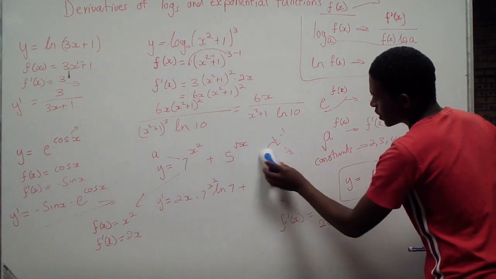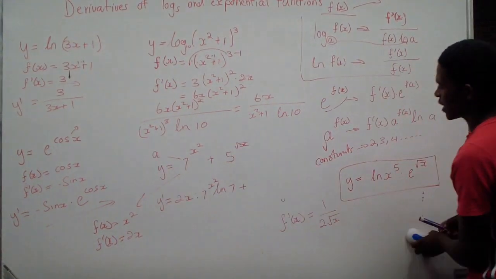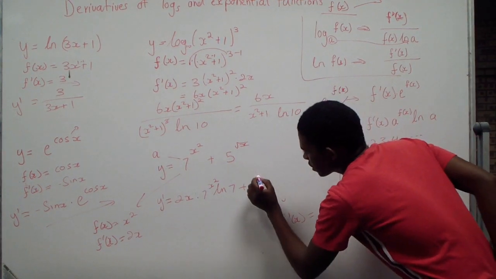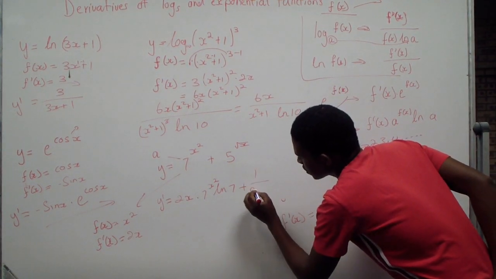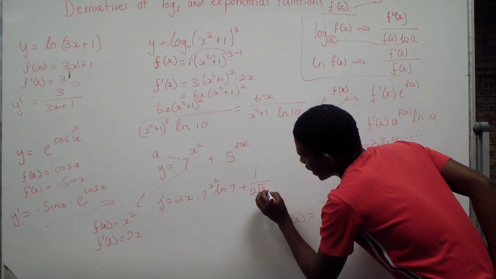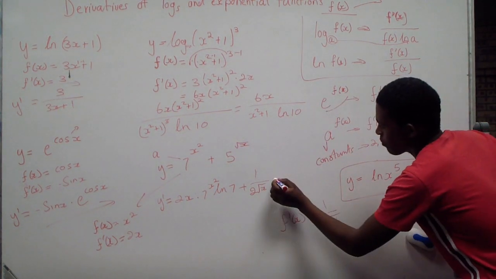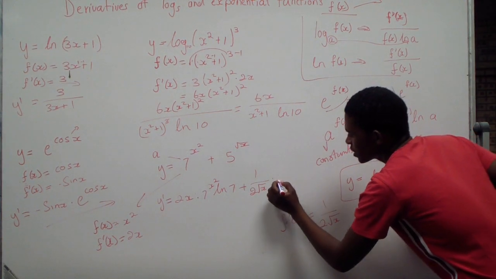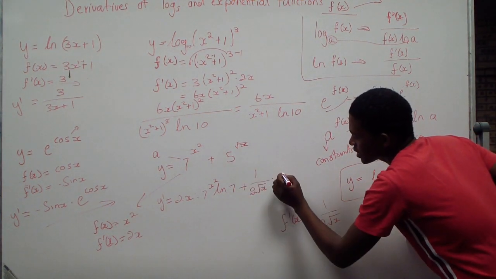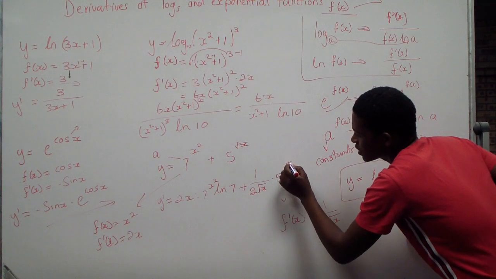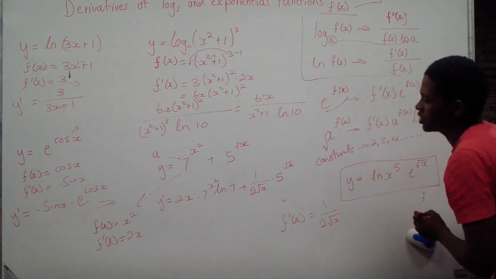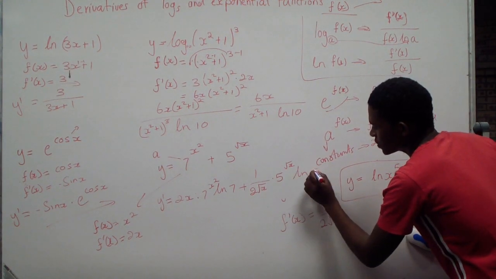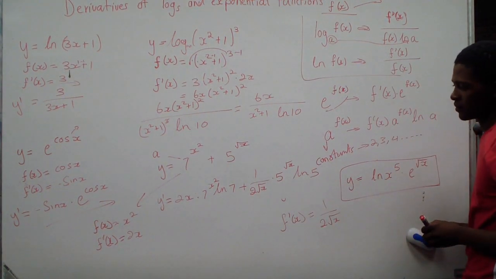To apply this formula, I can say I'm having my f at x, which is 1 over 2 square root of x, multiplied by a. Your a in this case is 5 to the power of the function, ln of your base, which is 5.